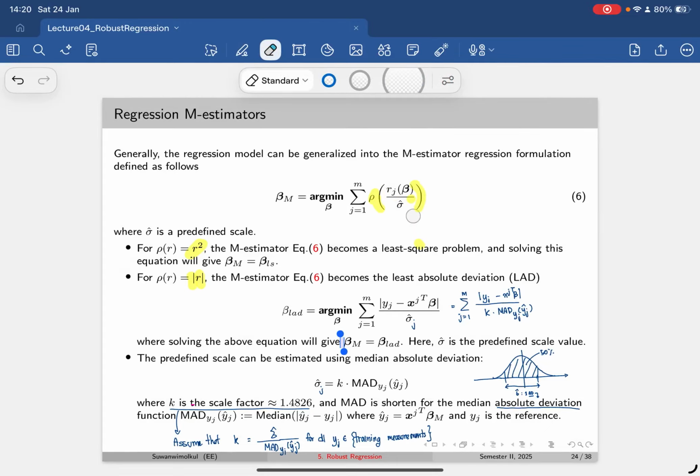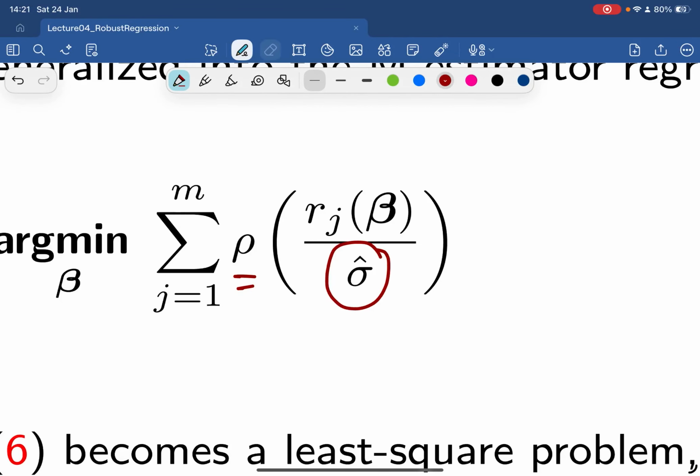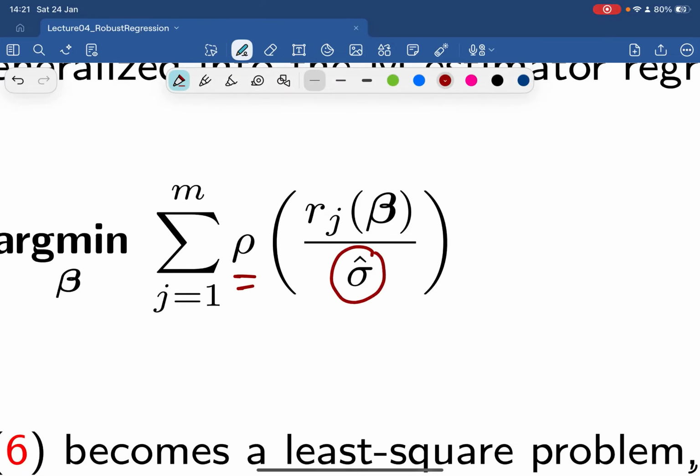But in this case, we also consider another alternative where the rho function is L1, but also has this standard deviation normalization. And in this number 6 here, the standard deviation is signifying that they could be the same for any residual.